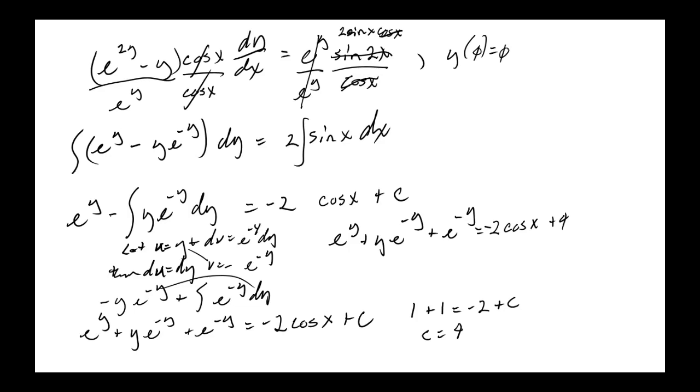There's just no way you're going to be able to isolate the y there, I don't think. Okay? So it says solutions like this are frustrating, I guess, somewhat frustrating.